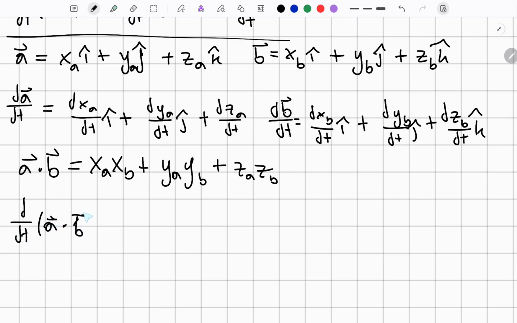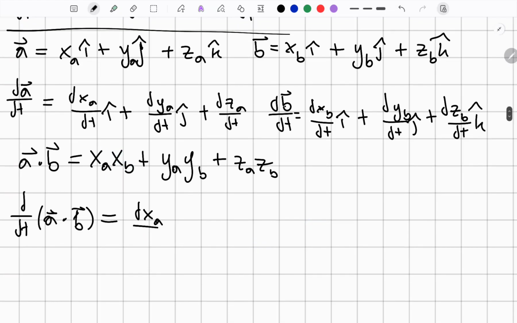of that, and that is going to be dxa, using our regular product rule, not a vector product rule yet. That's what we're trying to prove.